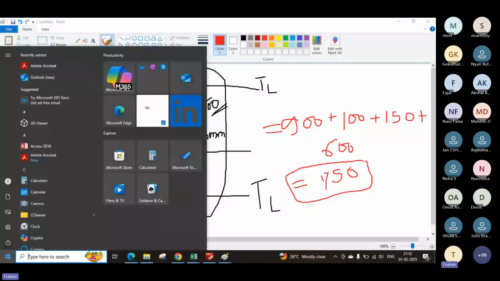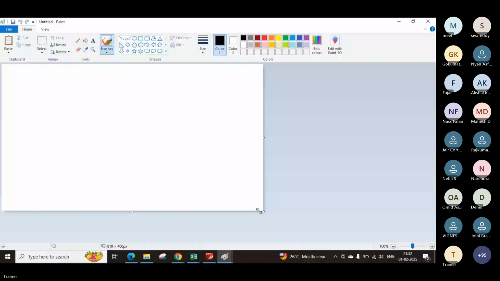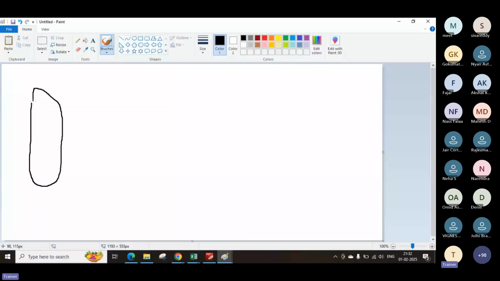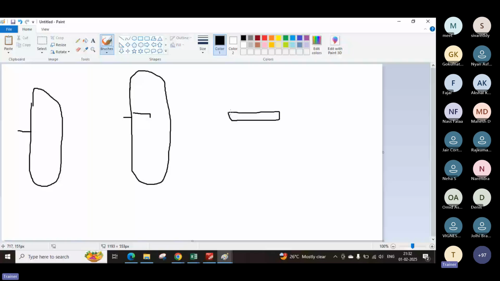The next one, I will just draw it here, 2 3 parts. The inlet device: no inlet device, only nozzle. The next one, the inlet device with a half open pipe, or the deflector plate. Then there is a spiral inlet device. It is like this.